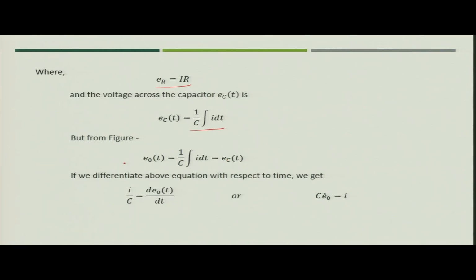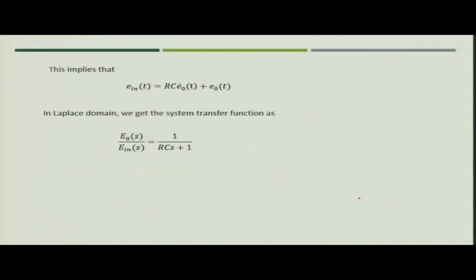Now, if you differentiate the above equation with respect to time, you can simply write I by C is nothing but dE naught by dt, or in short form, C E naught dot equal to I. Now we have one equation, and we put this into the Kirchhoff voltage law equation, that is E in equal to RC E naught dot plus E naught.